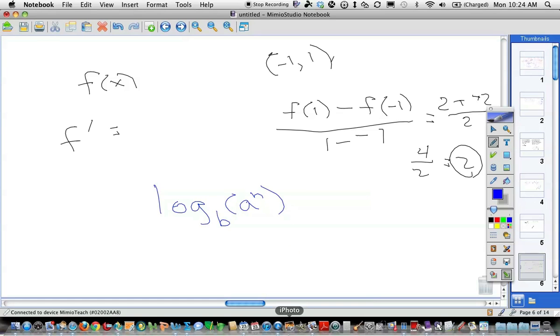Log base b of a to the n power. What can I do? I can bring the n down in front as a constant. So if I can do that, can I do it in reverse? If I've got a constant down in front, I can bring it up as a power.